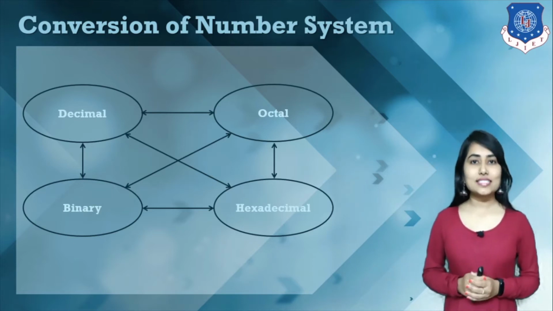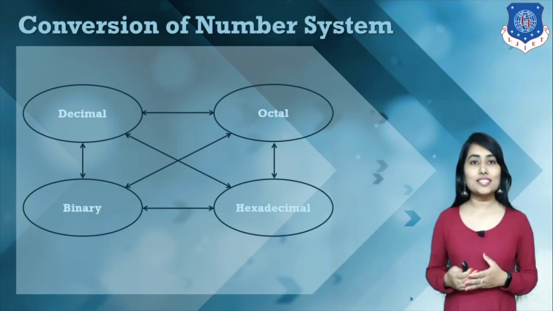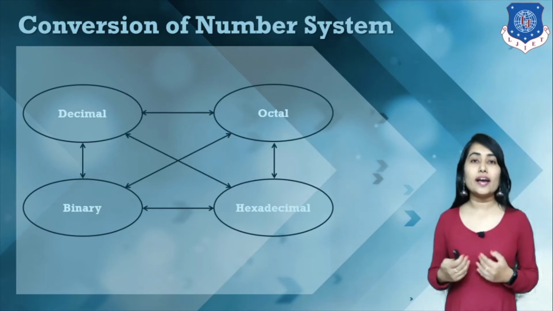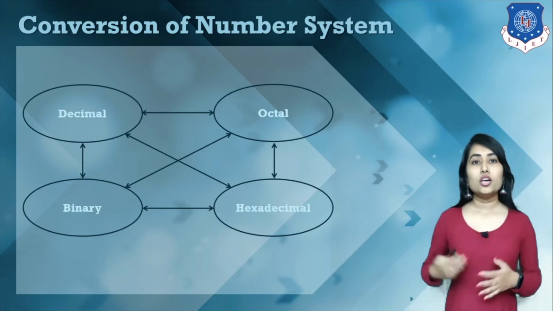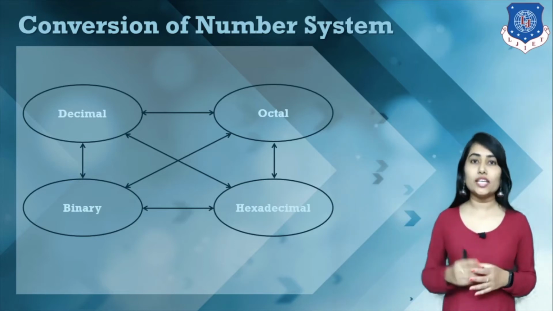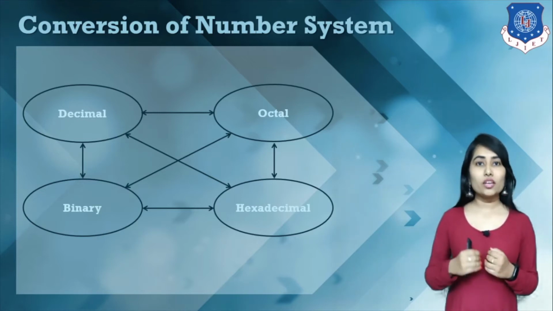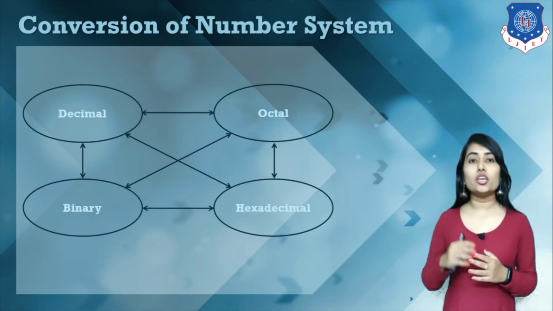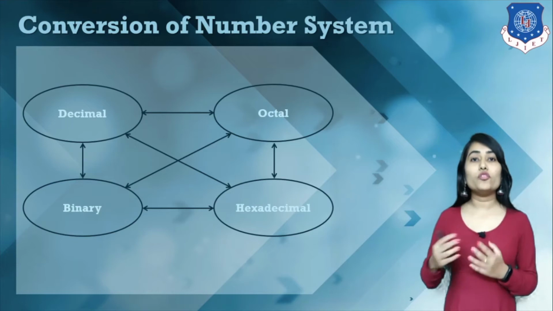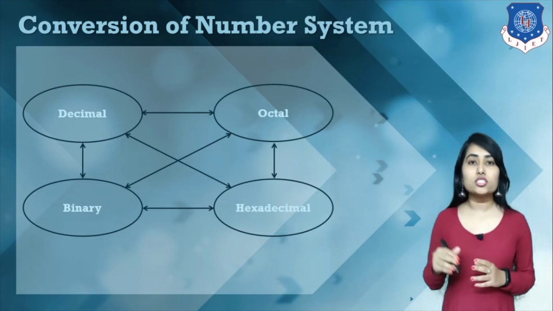So to understand the working of any digital device, we have to understand these conversions of number systems, because as humans we work on the decimal number system. Let's take an example like a calculator. A calculator works on binary. Whenever we give input to these devices, we give decimal numbers and we get output in decimal form, but the device works on binary.